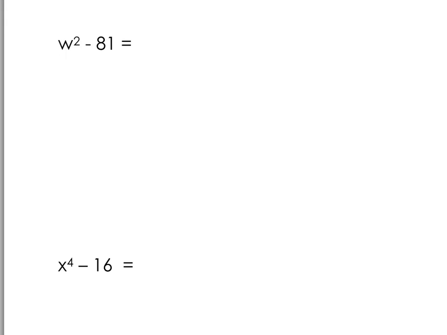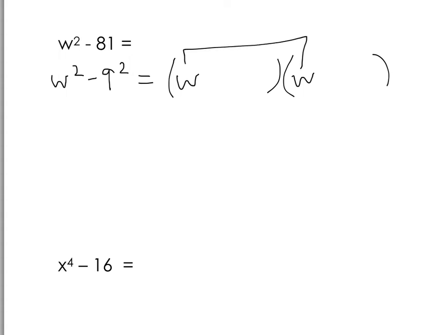w squared minus 81. This one I really do use the special product. I think, oh, okay, that's w squared minus 9 squared. That's the difference of perfect squares. We can use our FOIL method, so you have to have w times w for your first. So that's w squared.